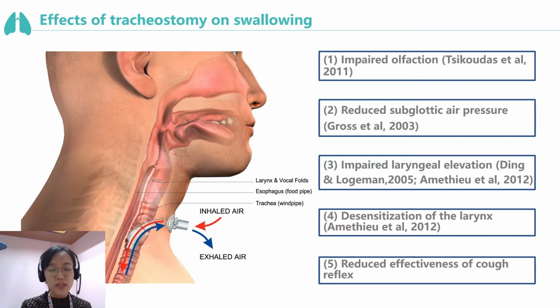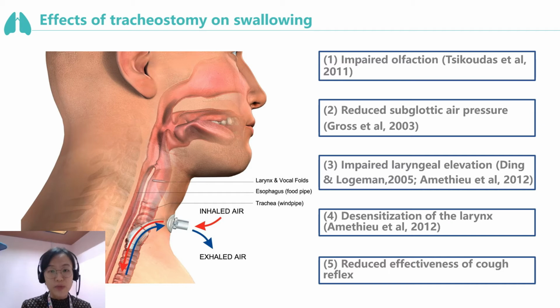We know that the sense of taste is also largely related to the sense of smell. So in a tracheostomy patient, they have a very reduced sense of smell, which can affect their ability to take the food. As I shared just now, in phase 1, we need the oral preparatory stage, when we see the food.